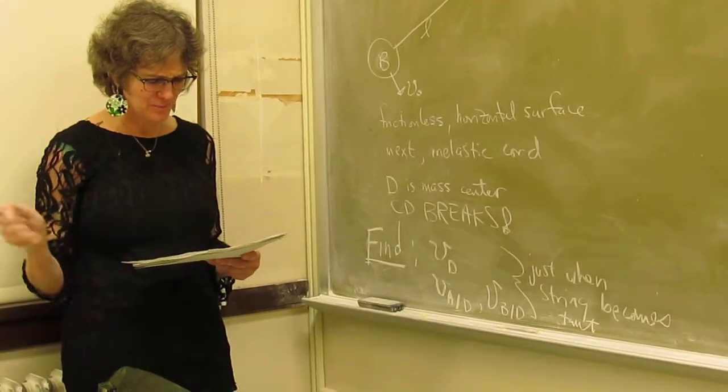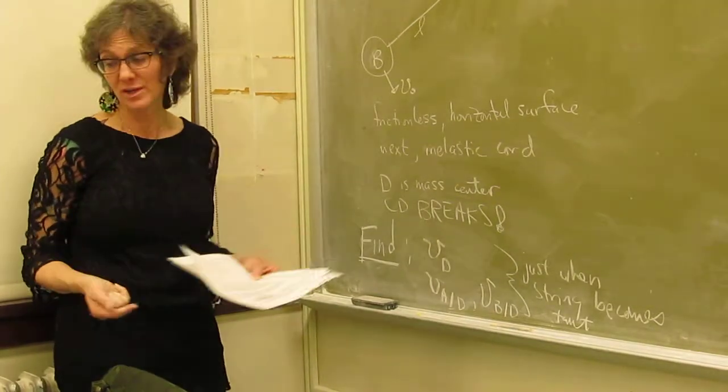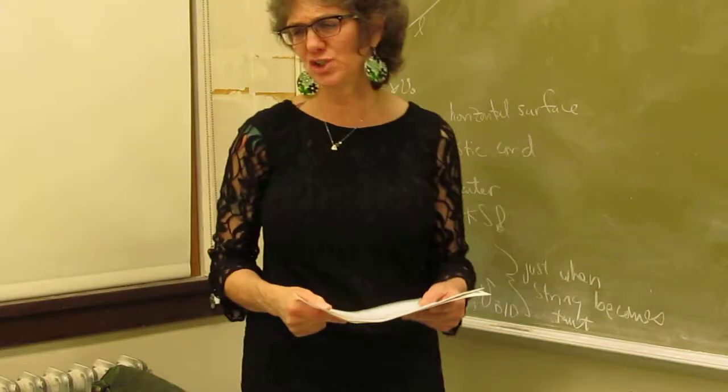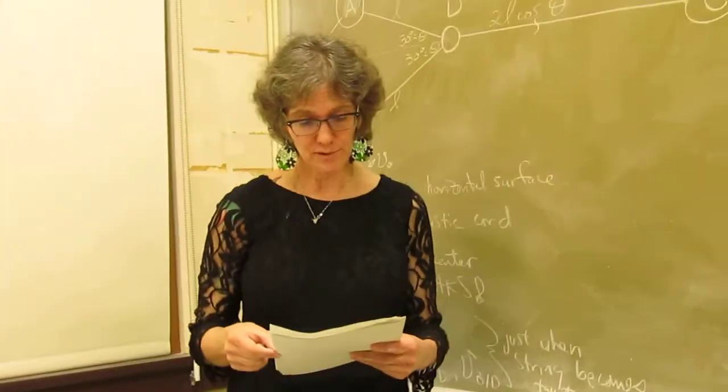And then part C, the percentage of energy of the original system which dissipated, that's actually just a matter of calculating the kinetic energies. And once you have the velocities, that's pretty straightforward. So I'm actually not going to do that part of the problem.